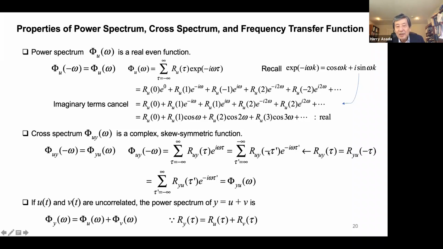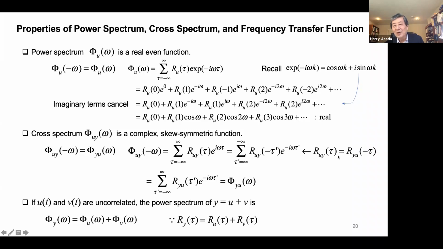But here, when you swap u and y, the relative time difference is swapped. So R_uy(tau) equals R_yu(minus tau). If you go back to the definition of correlation, that's basically the expectation of the product between signals u and y, which are different in time by tau.